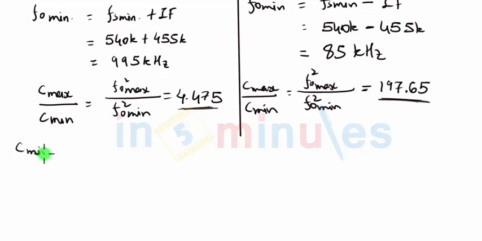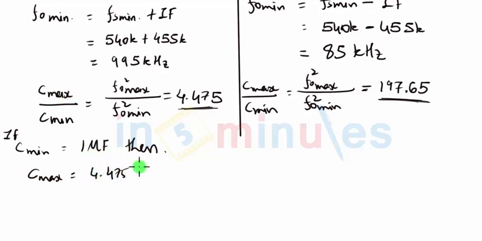So in HSI, let's say if I'm using Cmin equal to 1 microfarad, then Cmax required is simply 4.475 into Cmin, and that will be 4.475 microfarad.